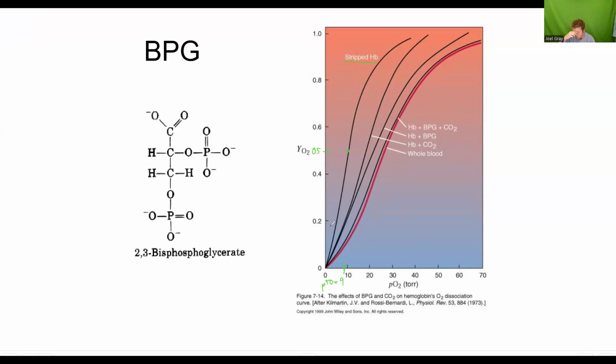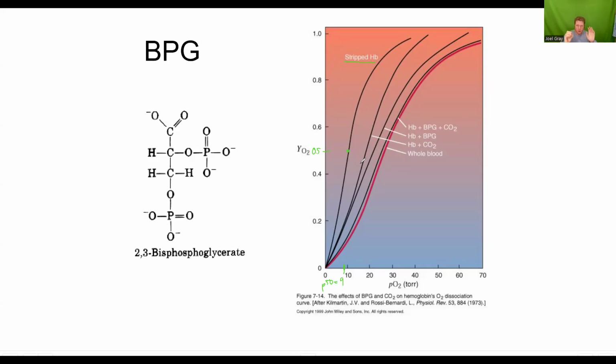Okay, so this is all being done in an in vitro setting. Now, this is a really great experiment because effectively what we're doing is we're adding back other components. So the first thing is let's bubble a little bit of CO2 in there. And what does that do to our hemoglobin? Well, keeping in mind, this is not looking at an entire system.